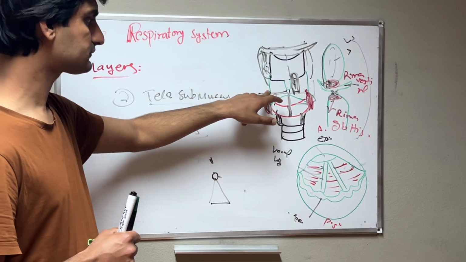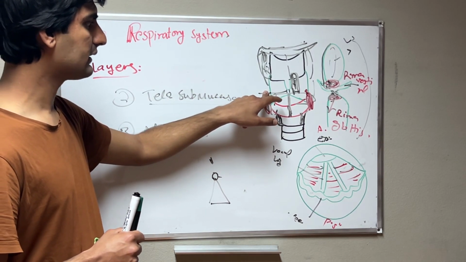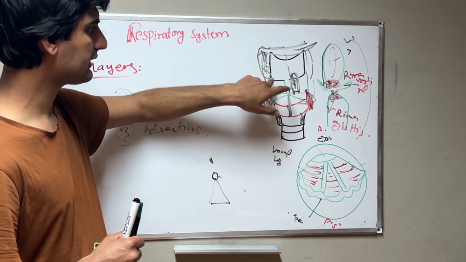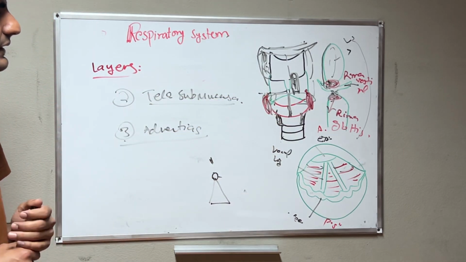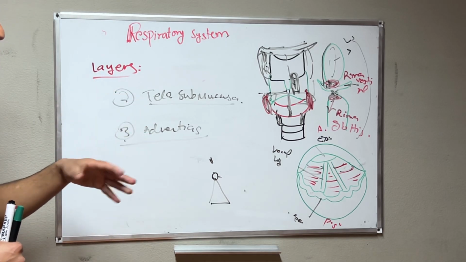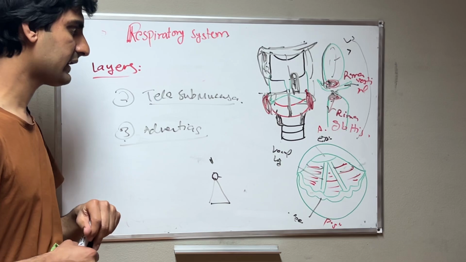Then we have the cricothyroid membranes between the thyroid and cricoid, because everything comes from the names crico and thyroid. There we have two ligaments, lateral and median cricothyroid ligaments.